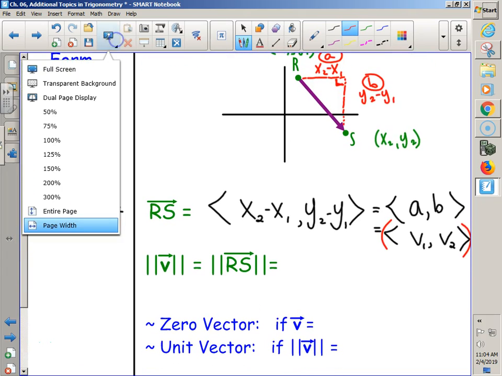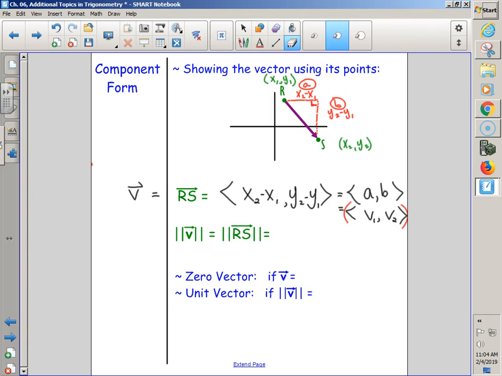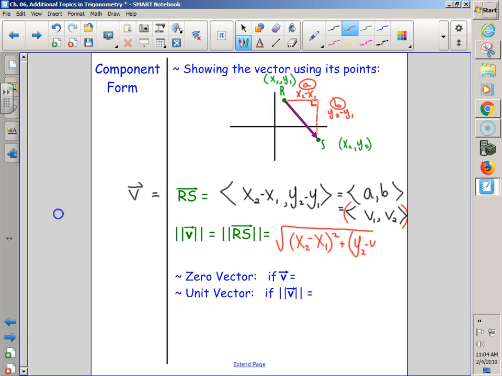then comes the quick reminder of the magnitude formula that we've already written down, we've already highlighted. But just a quick reminder, if that's how you can always find the horizontal vertical components, instead of just doing a squared plus b squared, we can actually say, okay, subtract the 2 points, x2 minus x1 squared plus y2 minus y1 squared, which, as some of you guys have already said, is basically the distance formula.